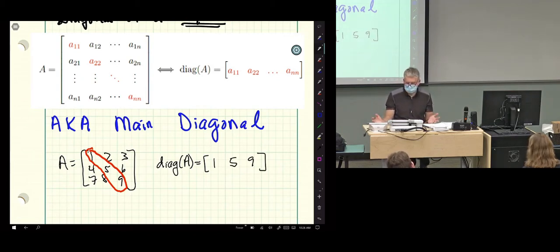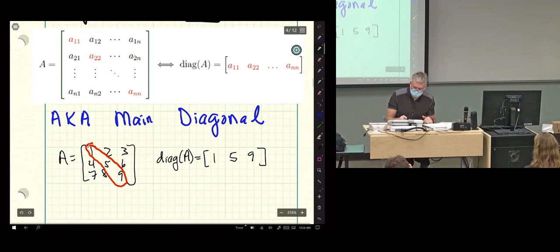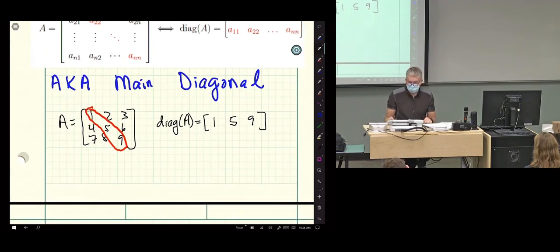Now, I've written it as a row vector. I think that's what Julia will give you, but I'm not exactly sure, and it doesn't really matter. If you want to stack it up and make it a column vector, nobody really cares, because really what's going to be important to us pretty soon is just the product of those terms, and we'll see why that happens, okay? So typically, when you do diag of A, it gives you the diagonal as a row vector, but that's okay.